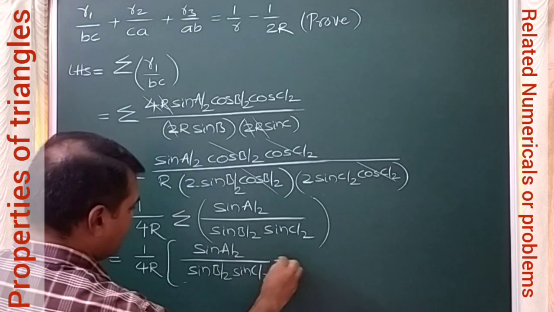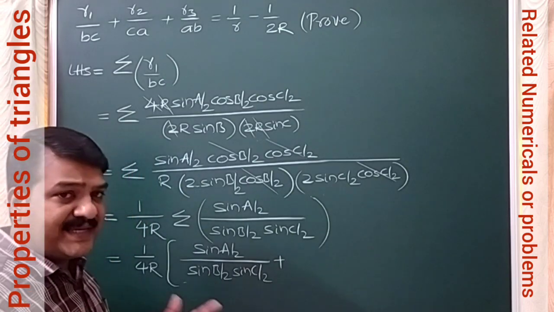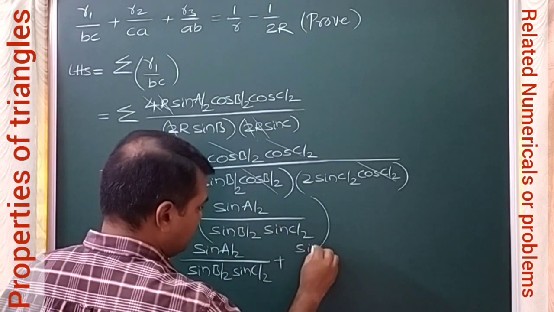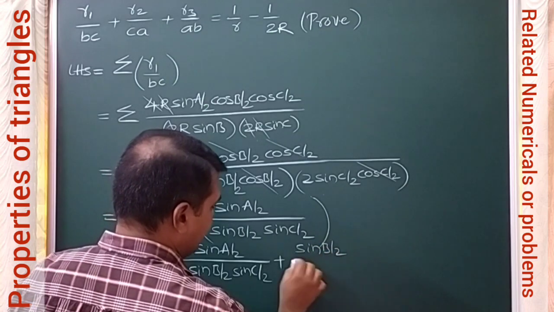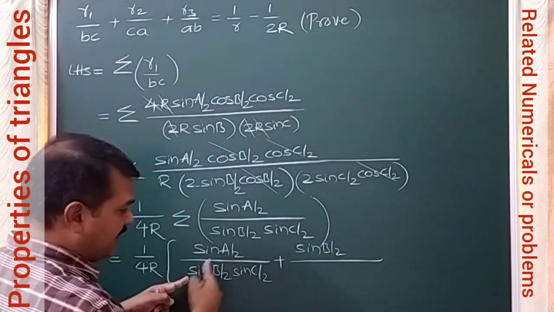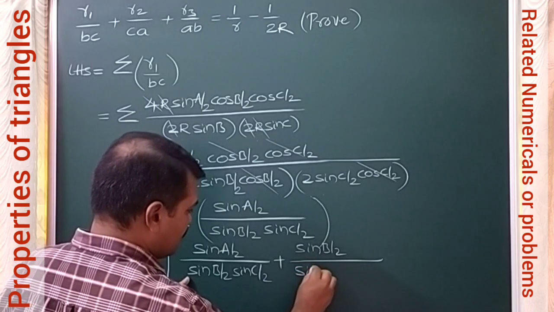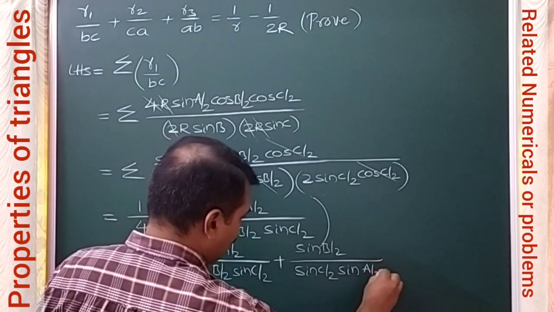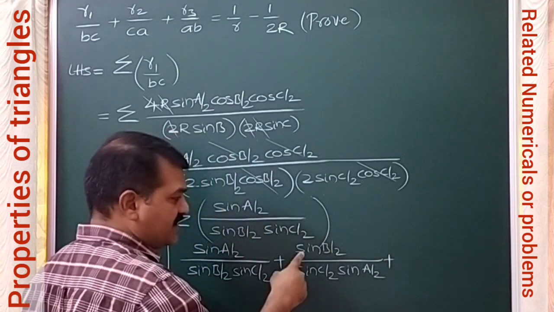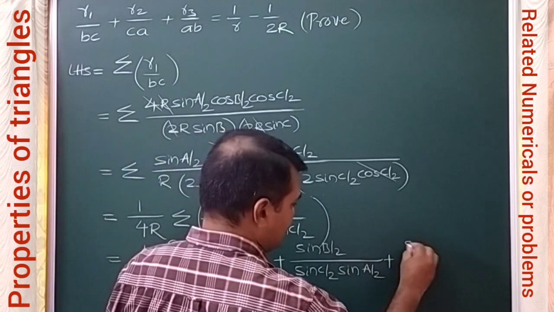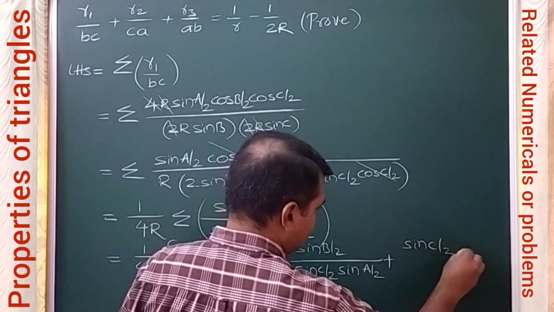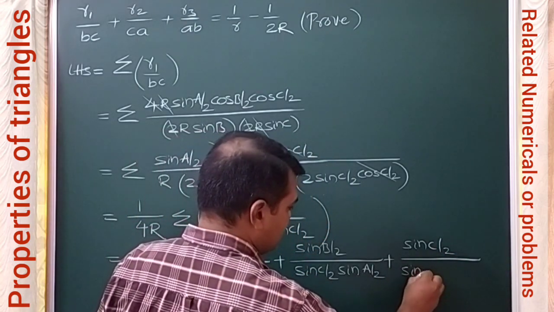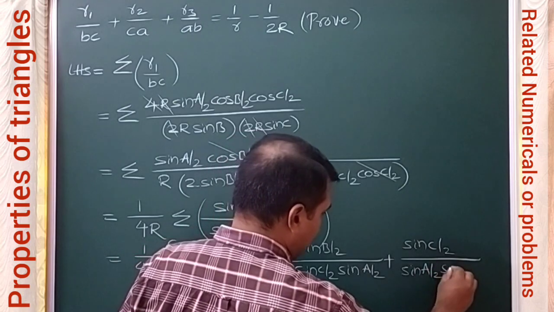What will be the second term? Sin B by 2 in the numerator, denominator sin C by 2 sin A by 2. Next term, sin C by 2 in the numerator, denominator sin A by 2 sin B by 2.